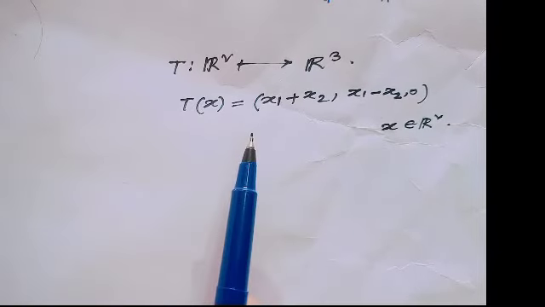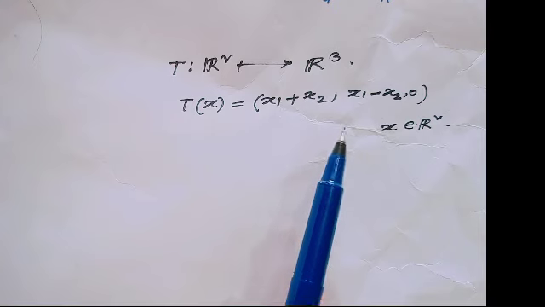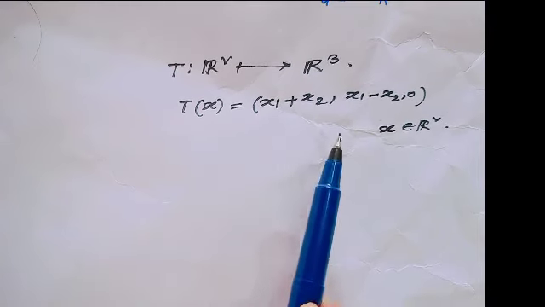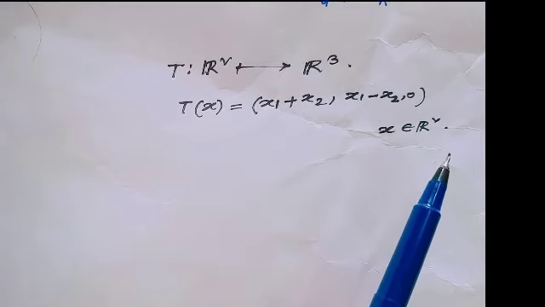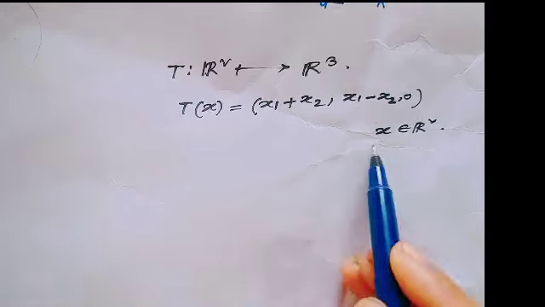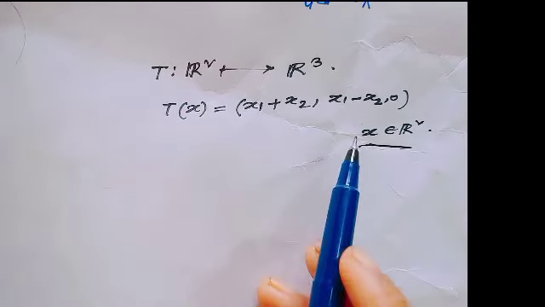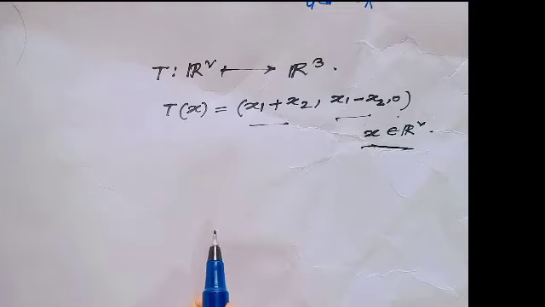Consider a linear transformation T from R2 to R3 such that T(x) equals (x1 plus x2, x1 minus x2, 0), where x belongs to R2. Obviously this mapping is linear because each component is linear. Now, is this mapping 1-1?